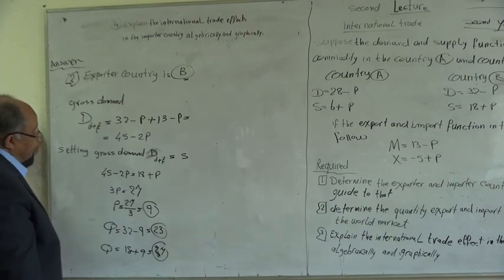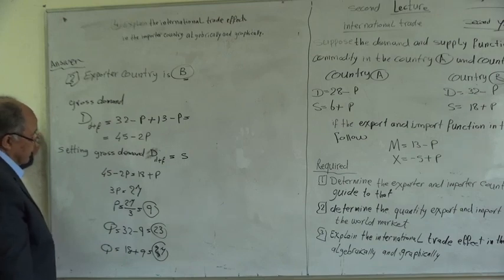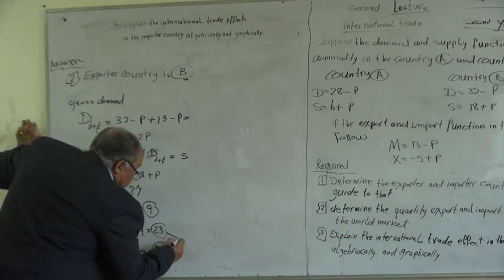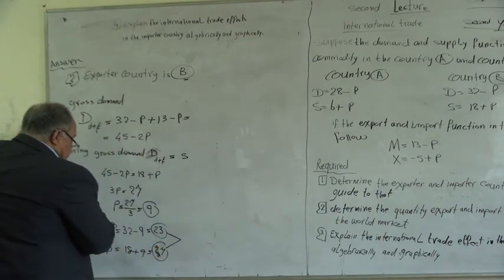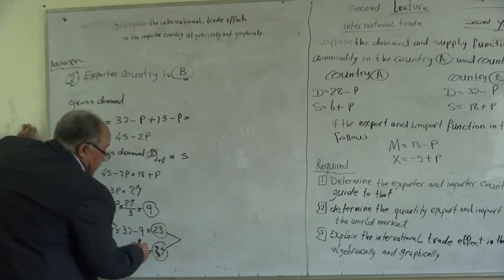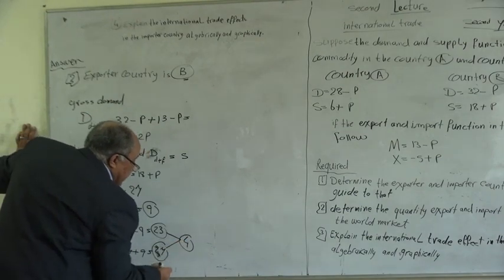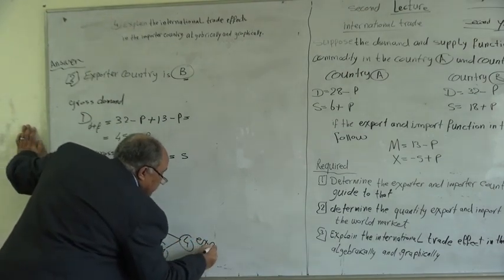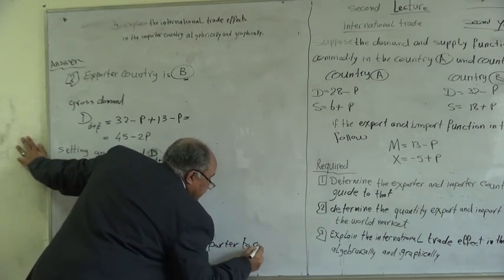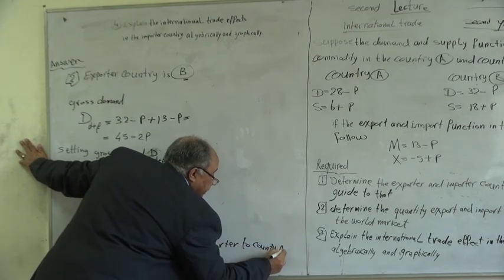What's the meaning of 4? 4 is the quantity exported from country B to country A. The difference between domestic demand and production is the export to country A.